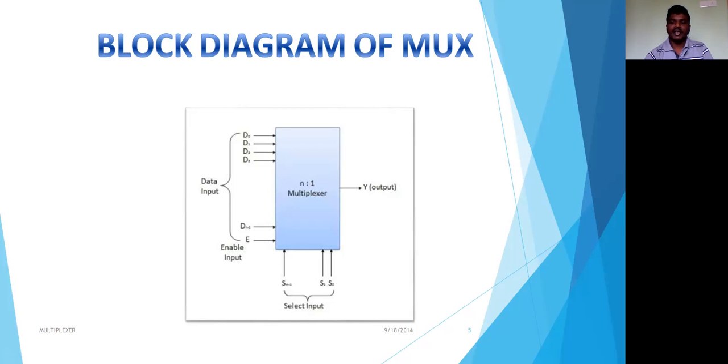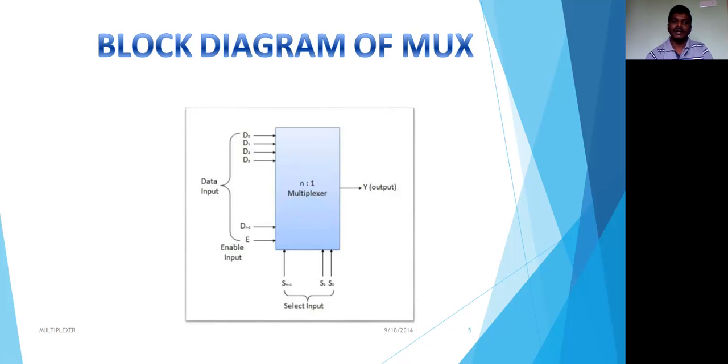Because there are many inputs and one output, the mux is also called a many to one circuit. Or simply it is selecting any one of the inputs and sending it to the output. It is also called a data selector.